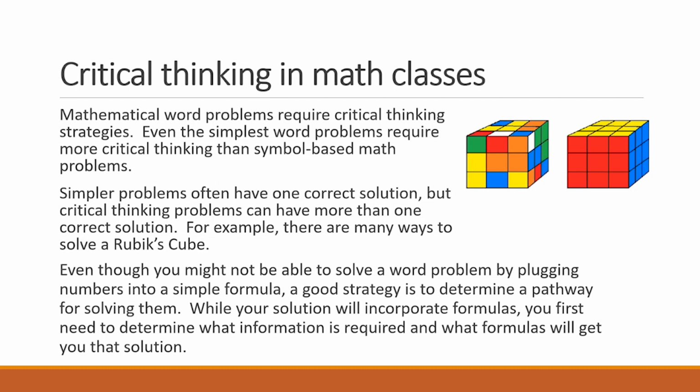We still have to pick out the mathematical information from that, and then figure out what mathematical application or operation would be helpful in that situation. So even a simple word problem has more critical thinking.